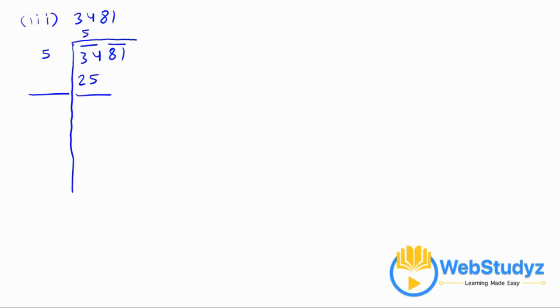So subtracting this, we will get 9 and 81, and doubling the quotient, we will get 10 and a blank. Now we have to guess the number which, by multiplying 10 blank, will give us 981, with remainder 0.